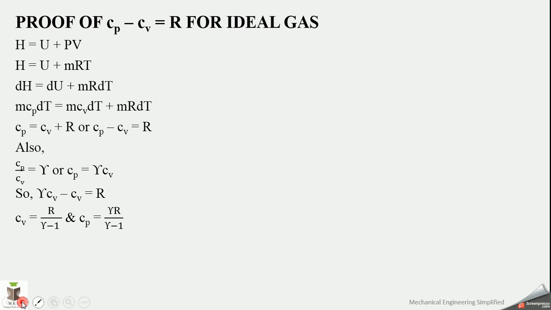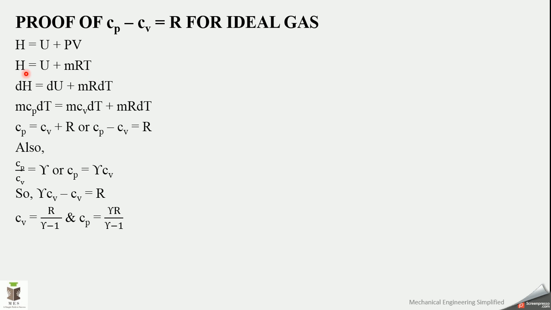Then we have one very important proof of Cp minus Cv is equal to R for ideal gas. If you know something about these expressions, you might have seen that Cp minus Cv is equal to R, but please make a note that this is only for the ideal gas. H is equal to U plus PV, and H is equal to U plus mRT, because PV can be written as mRT by the ideal gas equation.